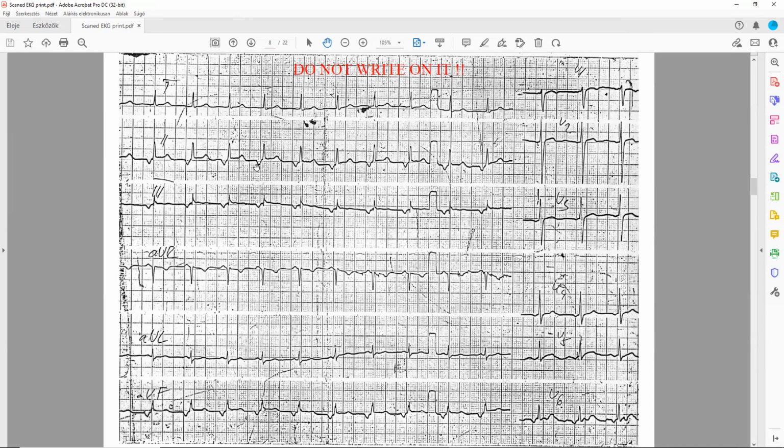So that's a junctional acceleration. This is how we call it. Junctional acceleration. Good. Without the QRS, is it okay? Yeah, I think it's narrow. Okay, good.